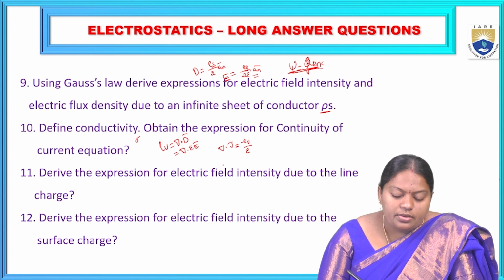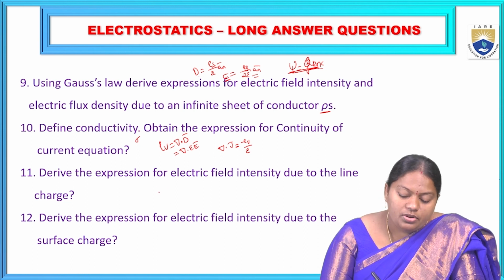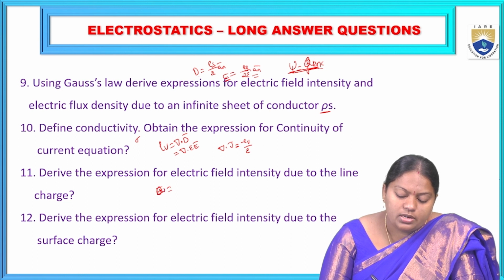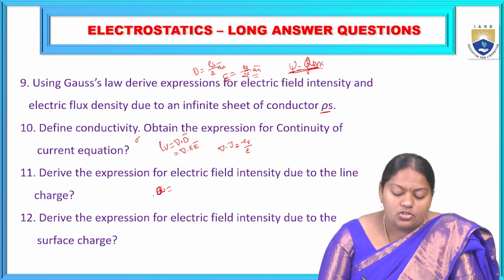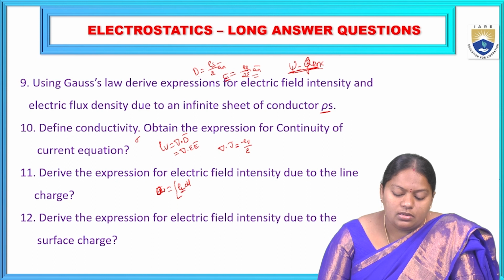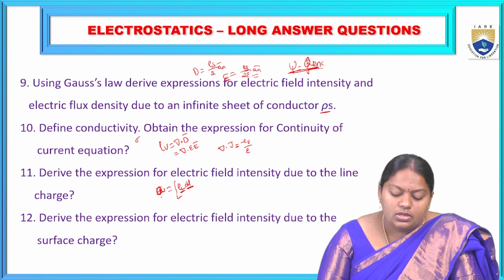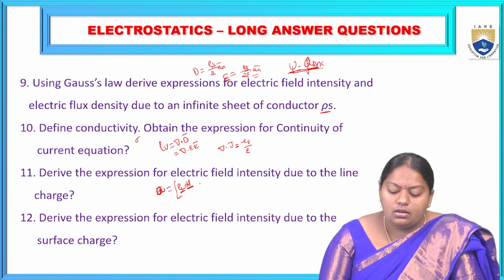Okay. Next, derive the expression for electric field intensity due to line charge. To derive this, we first need the charge associated with the line charge density. The formula is Q equal to the integral of rho L dl. First, we need to consider the rho L value and the dl value. Then we substitute Q in the equation relating E to point charges.